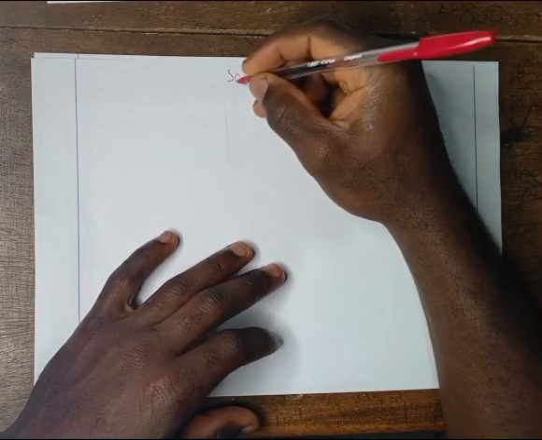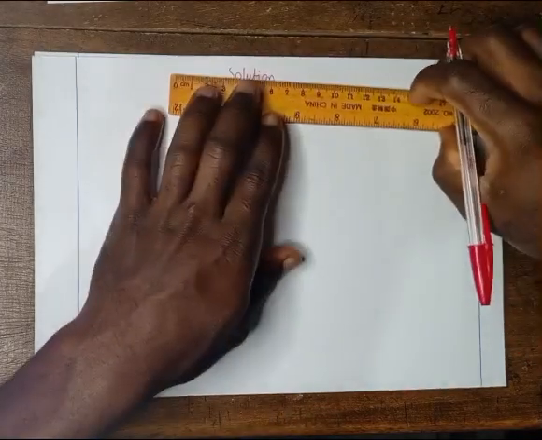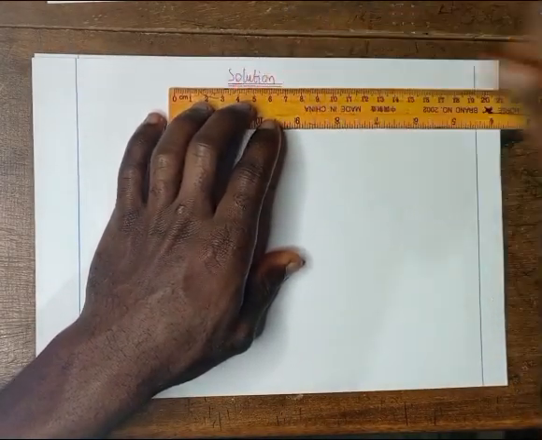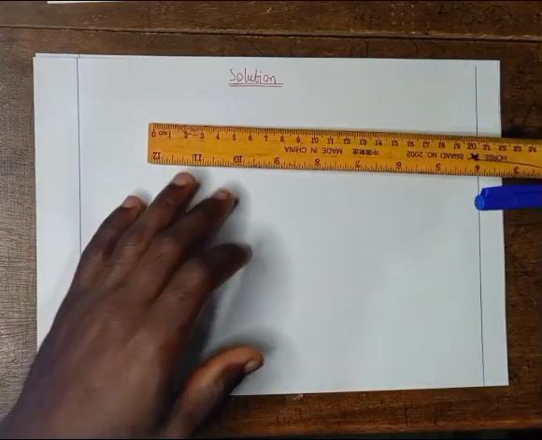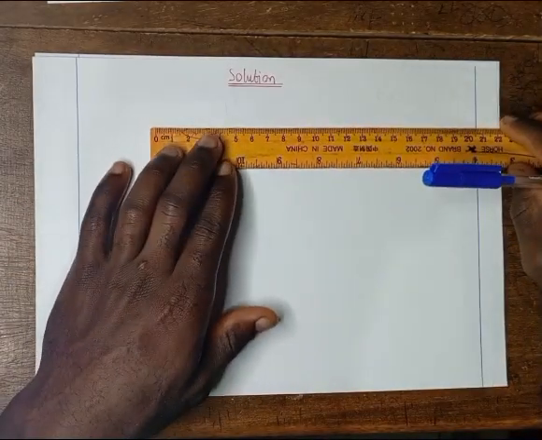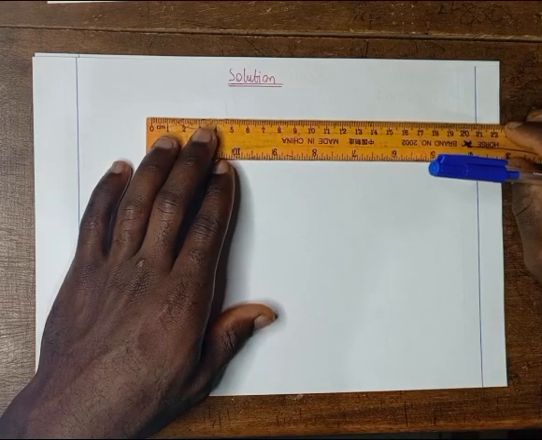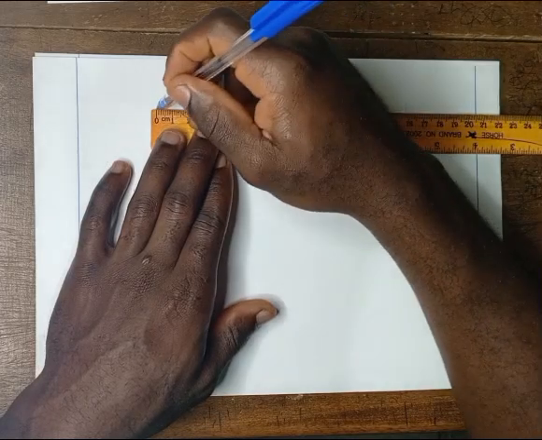Let's take down the solution. First, for us to answer this question, we are going to start by drawing the rectangle PQRS. Let's assume this is the rectangle.